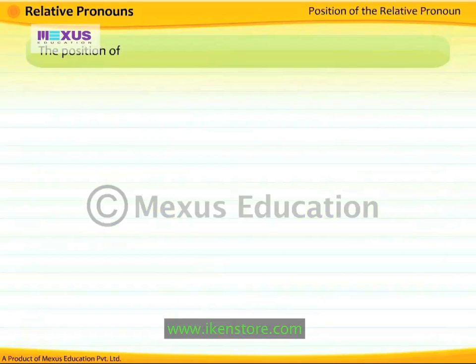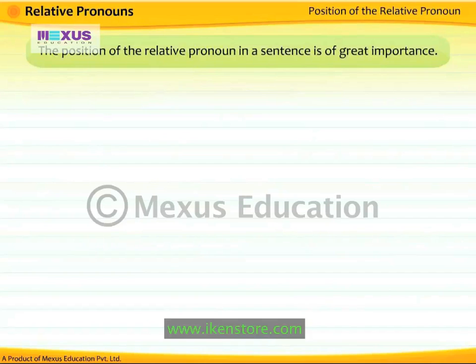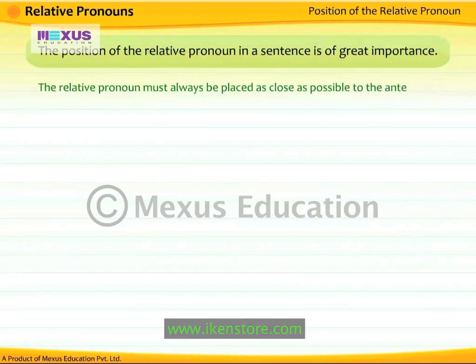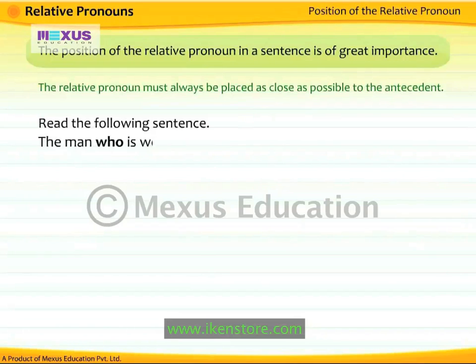The position of the relative pronoun in a sentence is of great importance. The relative pronoun must always be placed as close as possible to the antecedent. Read the following sentence. The man who is working late is the manager.